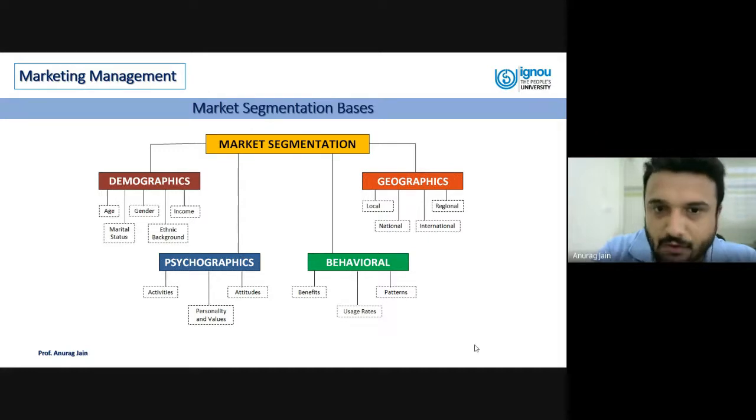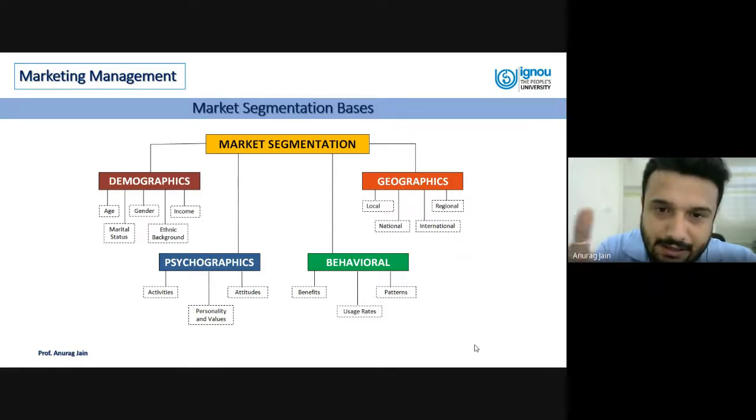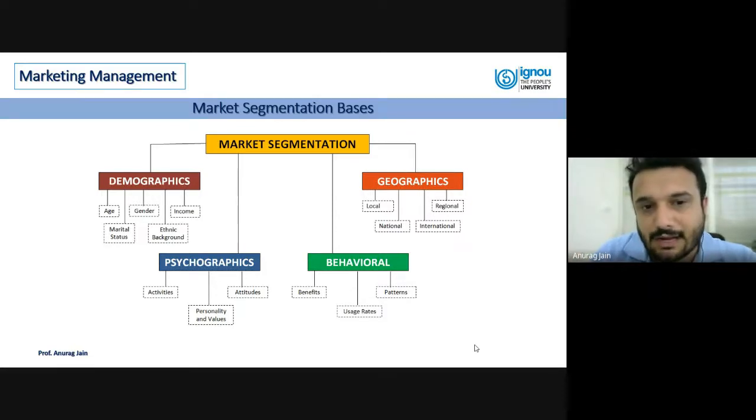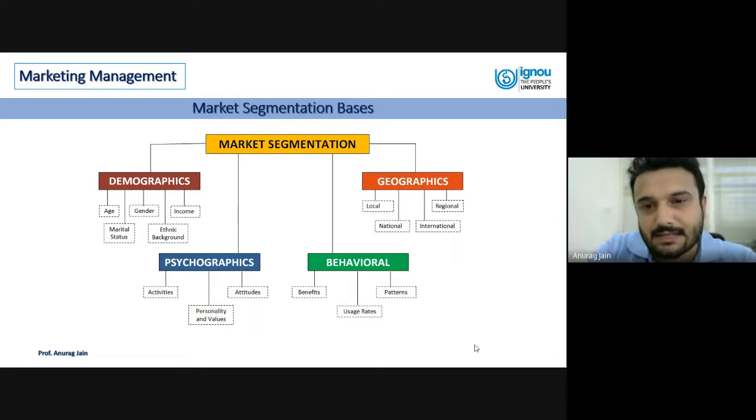How can we divide them into different groups so that we have a clear understanding of their needs and wants? A single group has homogeneity, but is very heterogeneous, very different from the other groups. This is something which can be done through market segmentation.